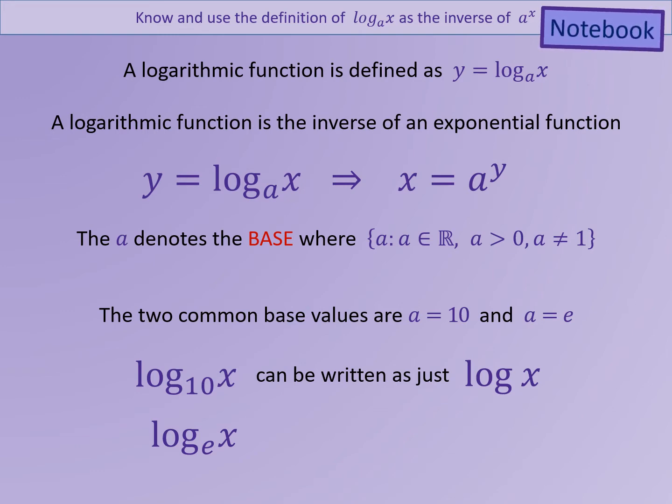Log to base e of x is called the natural logarithm and is written as ln of x. And there is a button on your calculator specifically for the natural log of x, and next to it you will find the logarithm button that we use for any other base other than e. And we'll have a look at those in a few minutes.